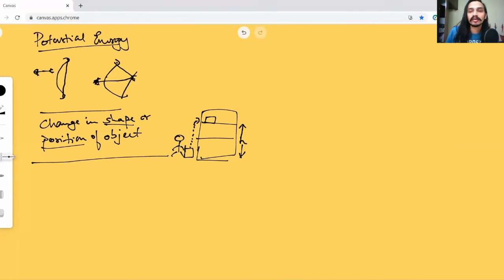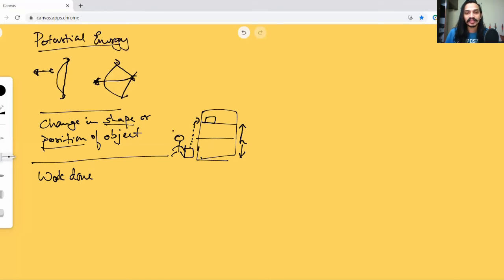Now, this is all about potential energy's definition. Now, how do I calculate this potential energy? If I have to calculate energy, we already know that work done is nothing but the energy, right? How much work we do to change that energy is this energy.